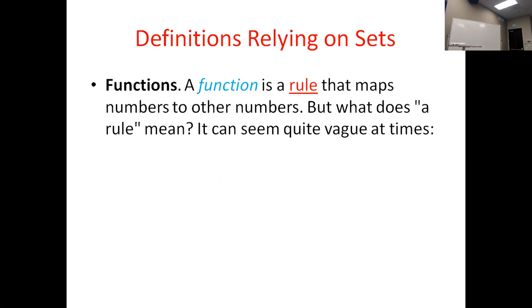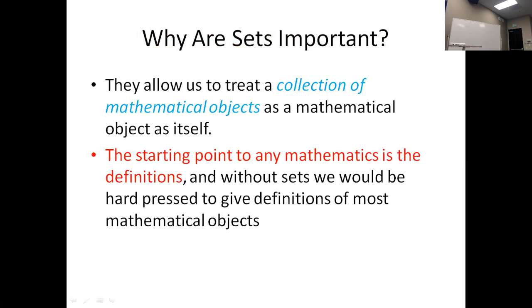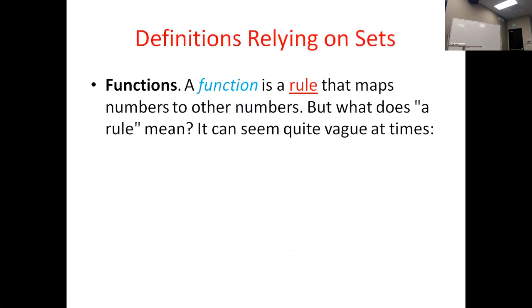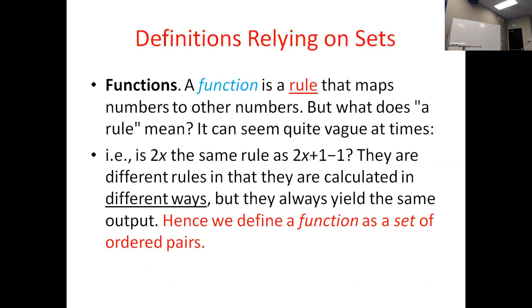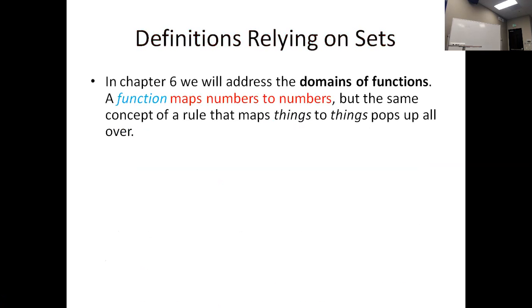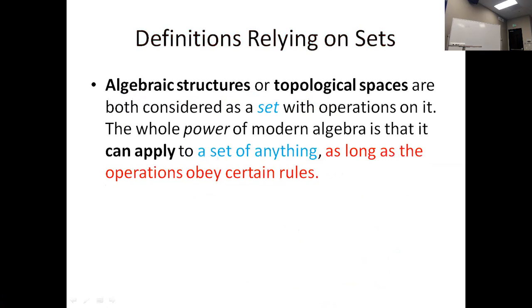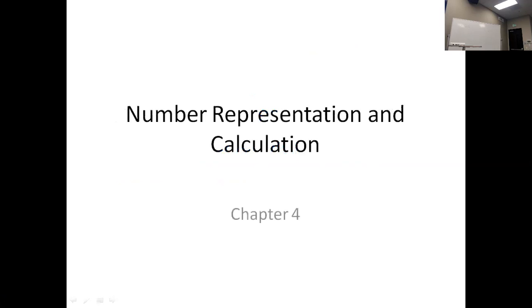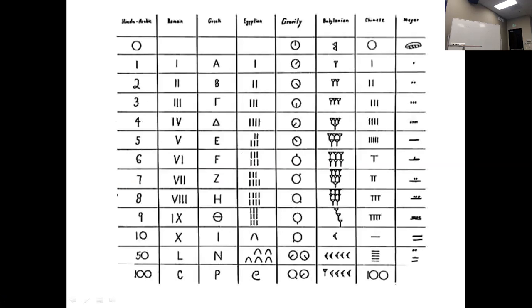These whole concepts of sets will come in handy when you talk about functions, operations, algebra and topology. Number representation and calculation comes to the subject of different numerical systems.